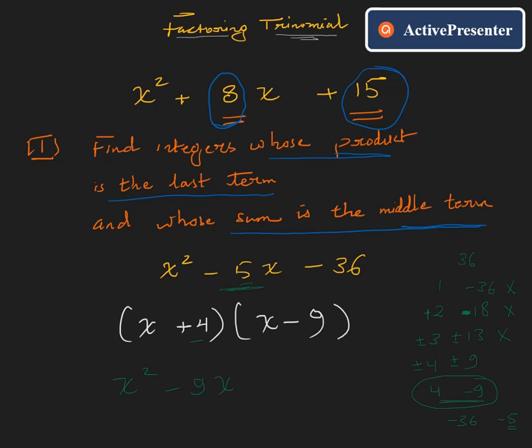Now 4 multiplied in x is plus 4x. 4 multiplied in minus 9 is minus 36. Those are like terms. Then our answer is x squared minus 5x minus 36. This means that this factoring is correct.